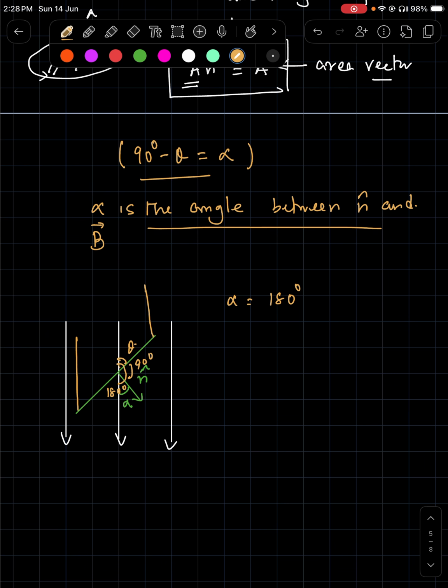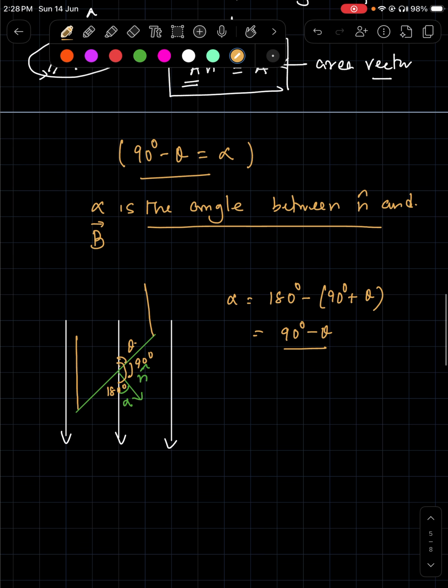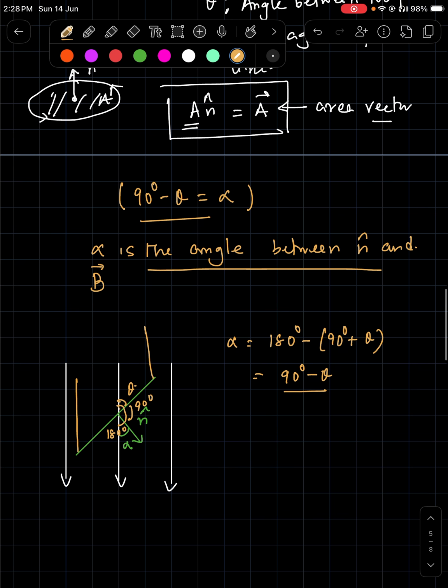So 180 degree minus 90 plus theta, that becomes 90 degree minus theta. The same thing. So I have shown that there are two ways to represent it, and that does not matter.